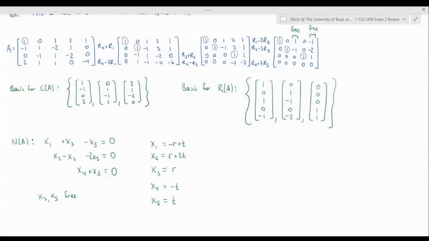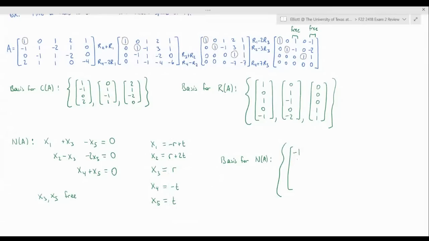And to get the basis for the null space, you can pull the coefficients of each of your parameters. So if I pull all the coefficients of R, we're going to have negative 1, 1, 1, 0, 0.